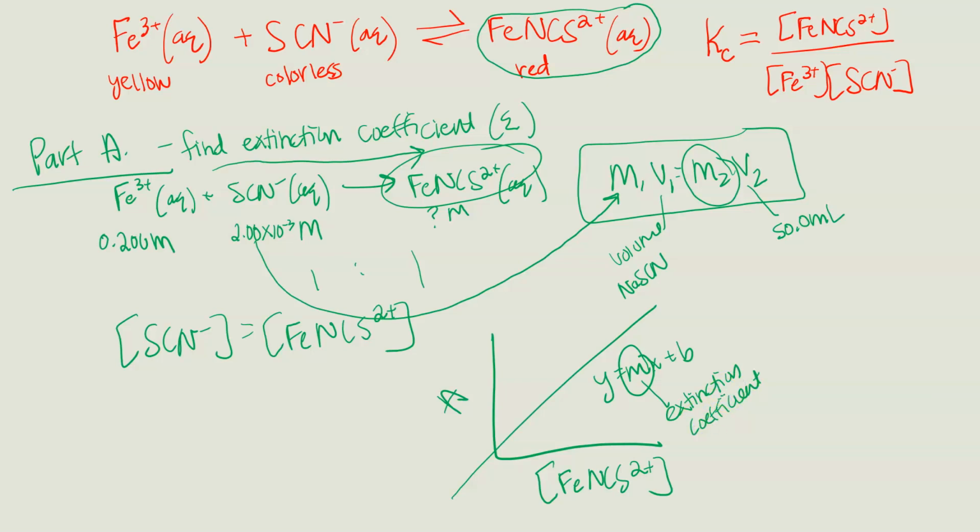Okay, and then we'll be using that extinction coefficient in part B. So that should get us through part A. You have to make this one graph on Excel, and that's part of the lab report, so make sure that you're setting that up. And yeah, okay, so let's move on to part B.